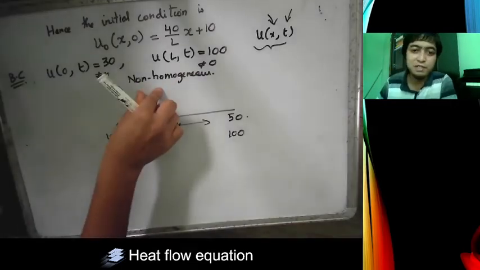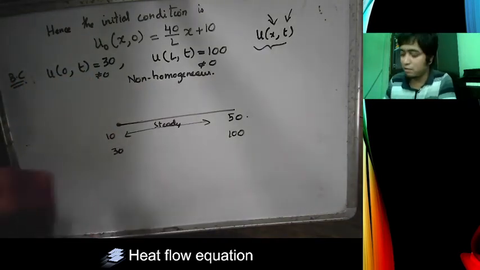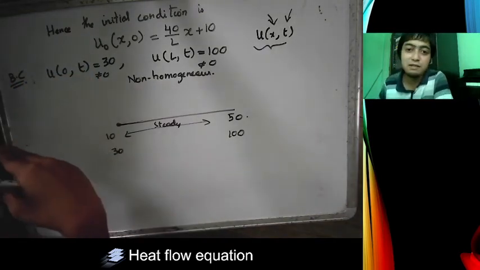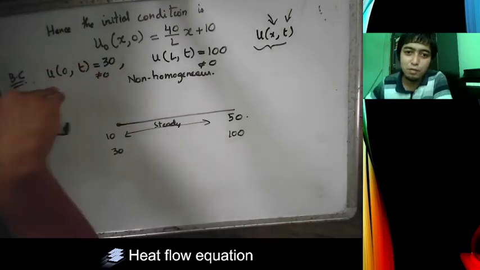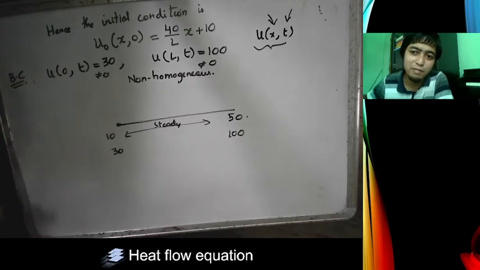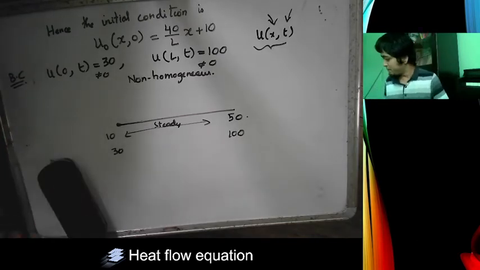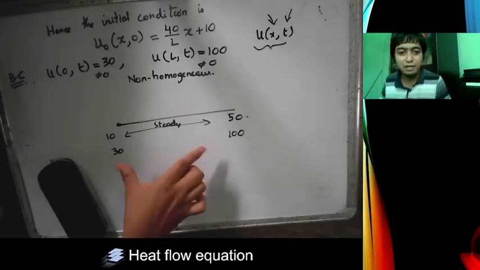If it is non-homogeneous, we can proceed in the following steps, because we want a situation where the boundary conditions are homogeneous. That will make our solution easier to find.